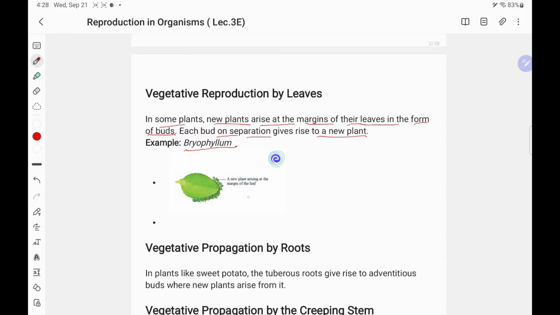In bryophyllum you can see the margin of the leaves has some buds, and these buds grow into new plants. Such plants reproduce vegetatively, called vegetative reproduction by leaves.